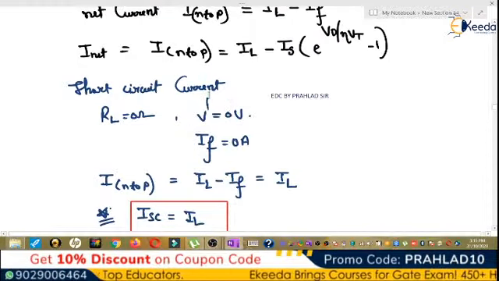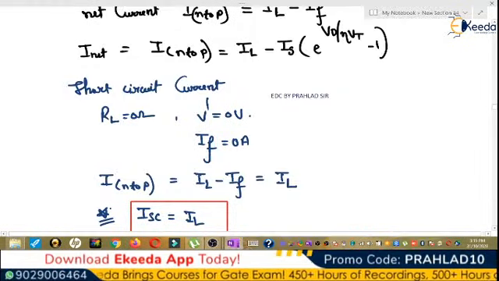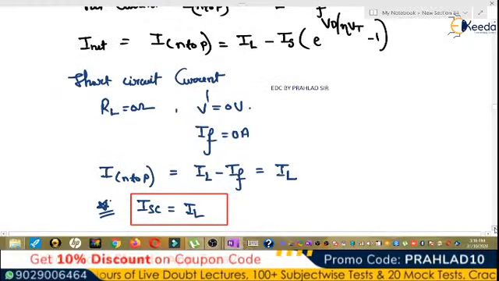When load resistance is 0, then V dash is also 0. When RL is 0, the current from P to N will be 0, because there is no forward biasing. So the current from N to P is IL minus IF, which is equal to IL.